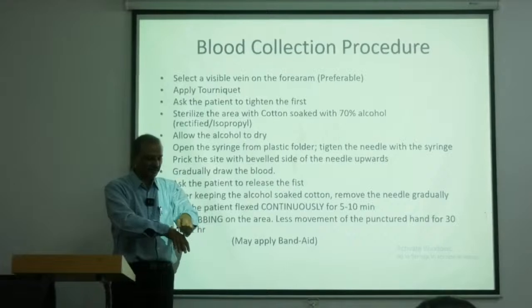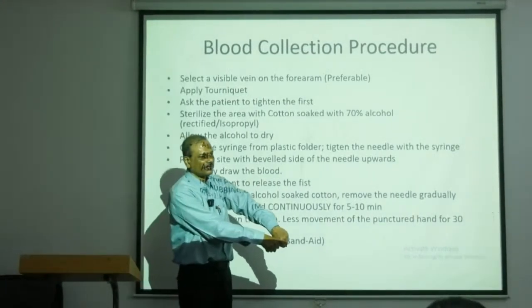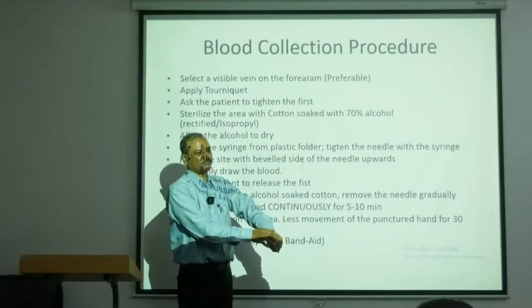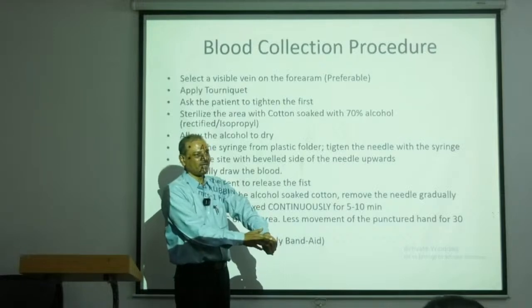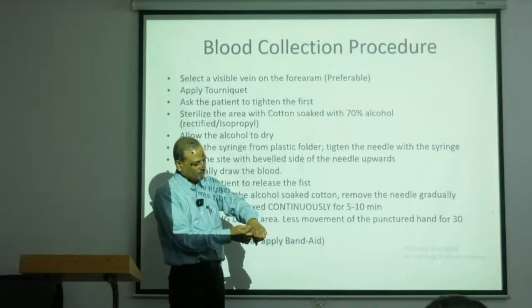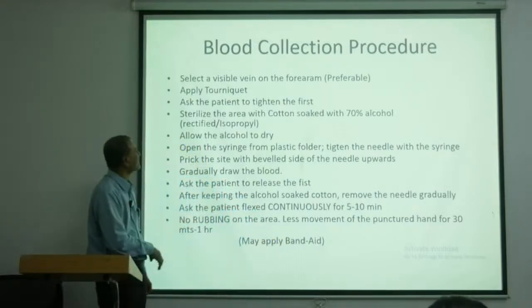And in these areas veins are very much visible. But if you prick it, this area is very sensitive and the patient will simply start shouting. So avoid pricking these veins of the hand. Not only this, the skin is loose here, so veins will slip. So the forearm is the most preferred site.